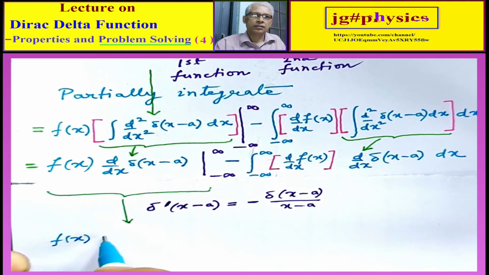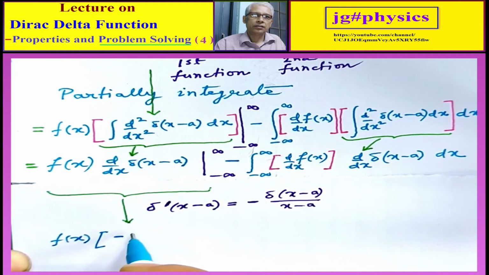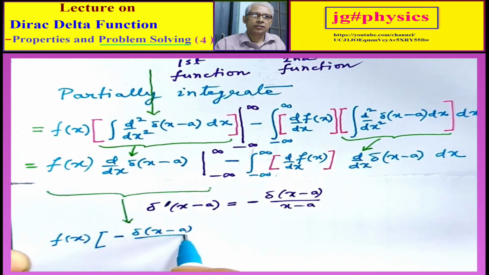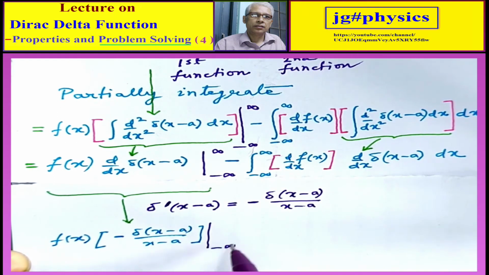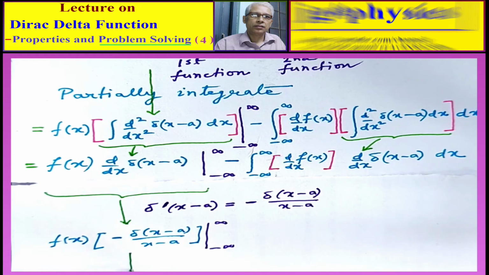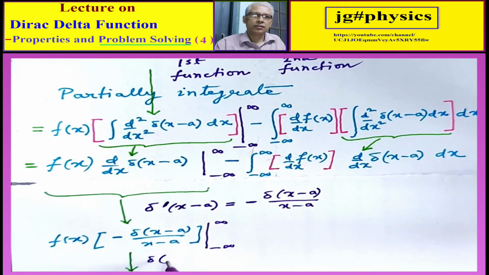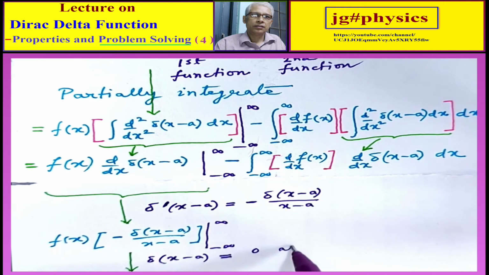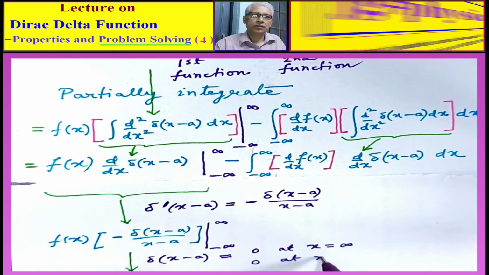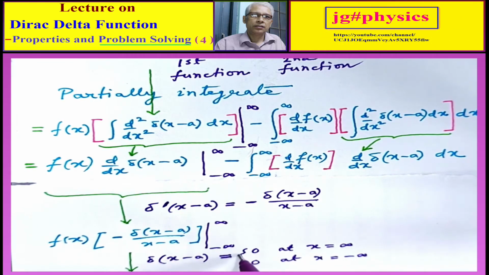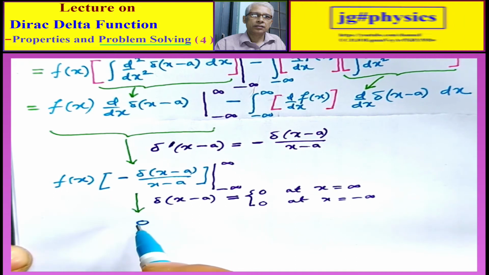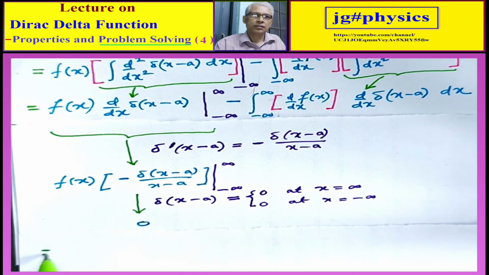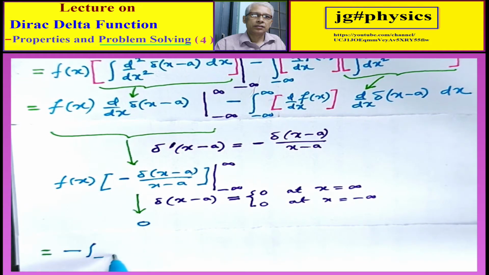So this is the first term, and the limits are minus infinity to plus infinity, and we note that delta of x minus a is 0 at both the limits. It is non-zero only at x equal to a. So the first term is thus 0. We get rid of the first term and the second term survives only.